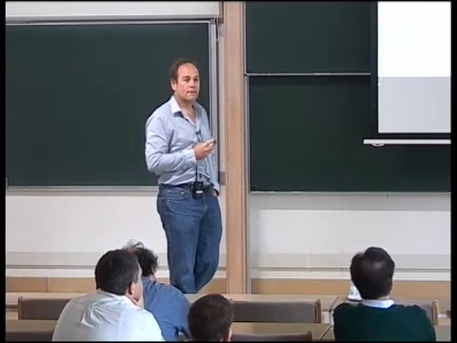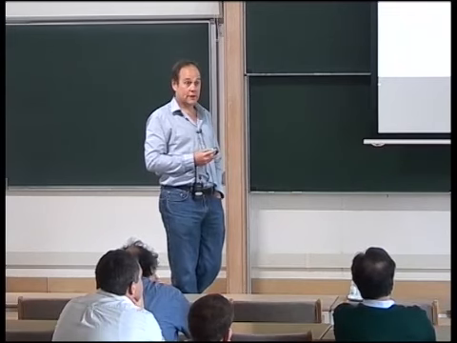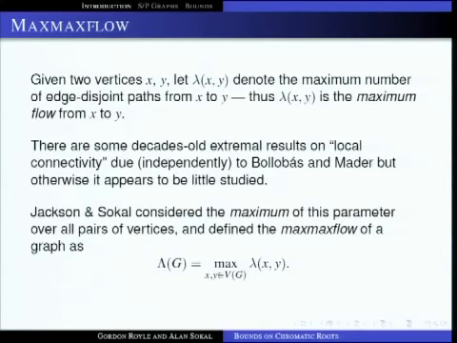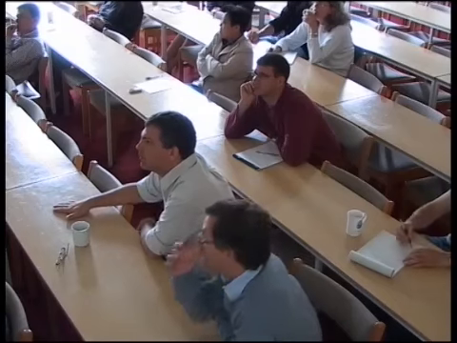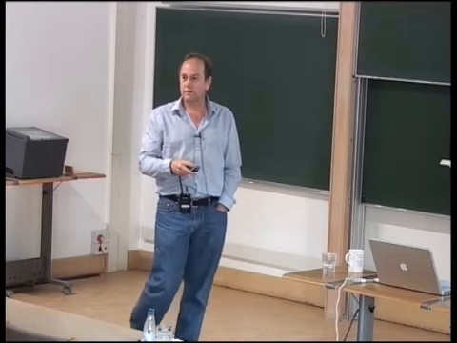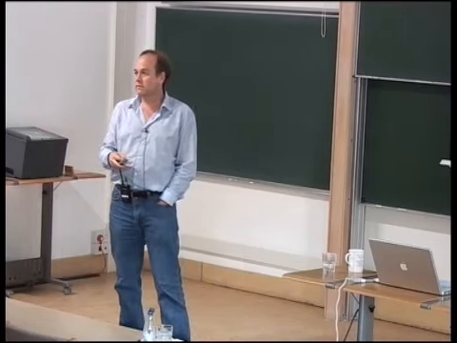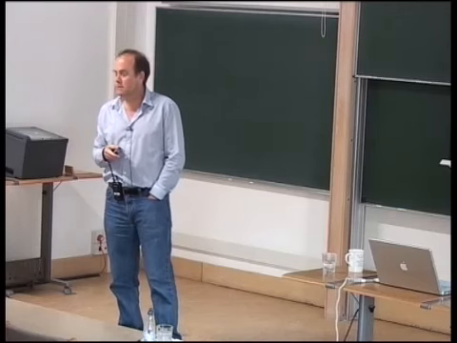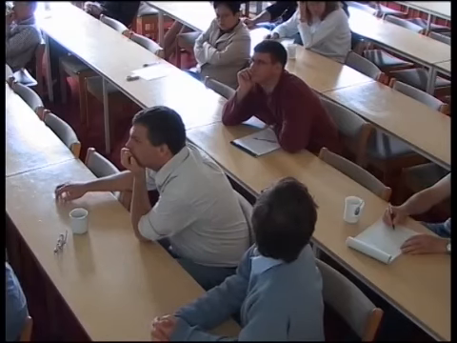Local edge connectivity. You think it's been looked at? Yeah. Okay, so I should say this appears to have been heavily studied. Well, we work on maxmaxflow? No, on local edge connectivity. On little lambda. Little lambda, yeah. Do you think so? Okay, well, I looked in Math Reviews and I couldn't find it, but maybe I was looking under the wrong name. Well, I think the point is Bollobás and Marder use the term local connectivity to mean what we call maxmaxflow.